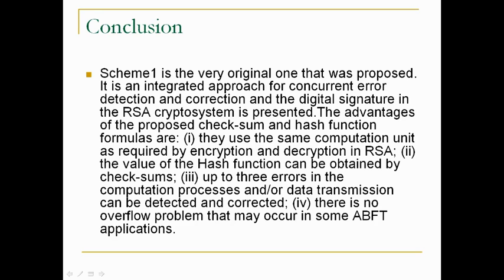The value of the hash function can be obtained by checksums. Up to 3 errors in the computation processes or data transmission can be detected and corrected. There is no overflow problem that may occur in some applications.